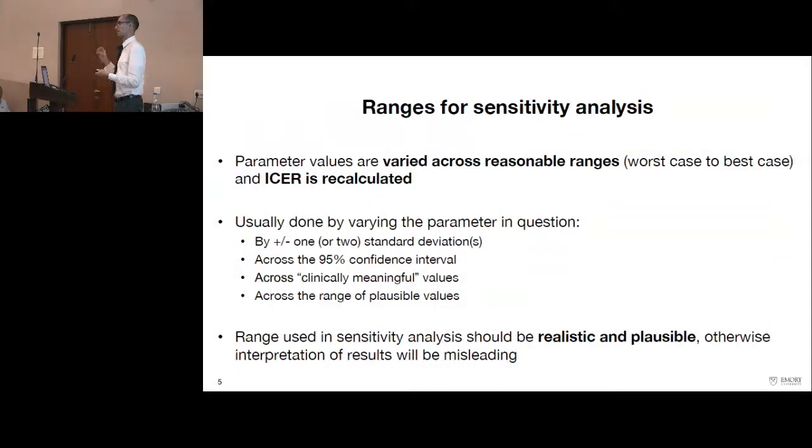But usually the multi-way sensitivity analysis is done in the probabilistic or stochastic way. And I will show you how the results look for that later when we talk about stochastic sensitivity analysis.